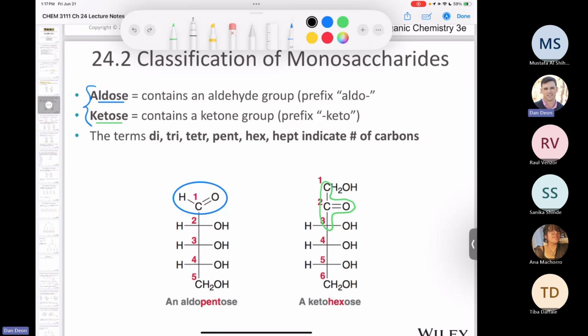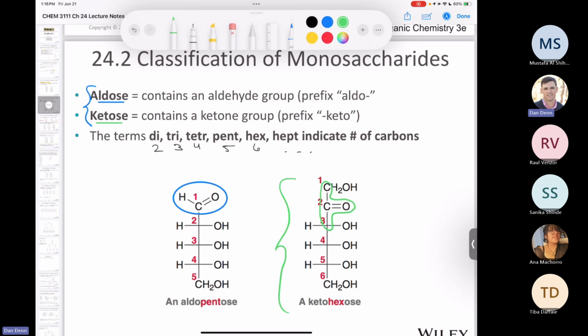And so to classify them in terms of the number of carbons, we use a prefix, di for 2, tri for 3, tetra for 4, penta for 5, hexa for 6, so on and so forth, and that indicates the number of carbons. So we can take a compound like this one on the left, and we can say it's an aldose, but we say it's an aldopentose because it has 5 carbons overall. We can take the compound on the right, and we can say, yes, it's a ketose, but it would be classified as a ketohexose because it contains 6 carbons.